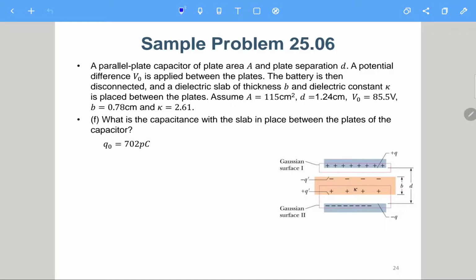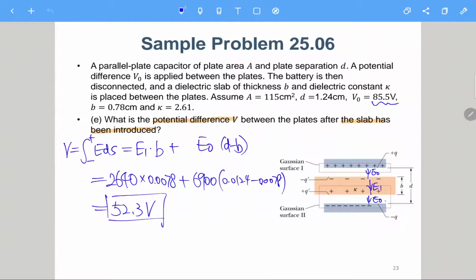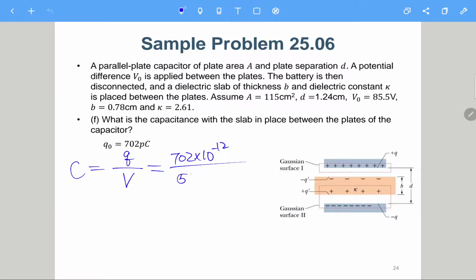So the final question is, what is the capacitance with the slab placed between the plates of the capacitor? So now we simply calculate the C. The new C will be Q, and Q doesn't change, over the new V. So Q is 702 times 10 to minus 12 over 52.3 volts.